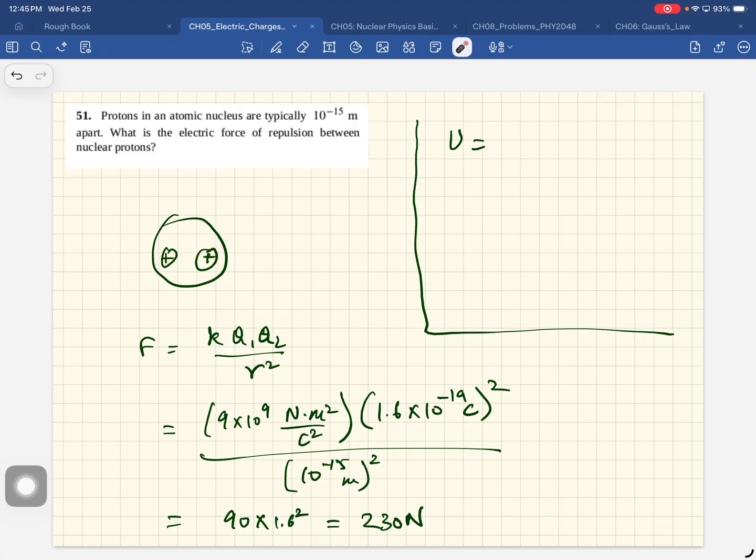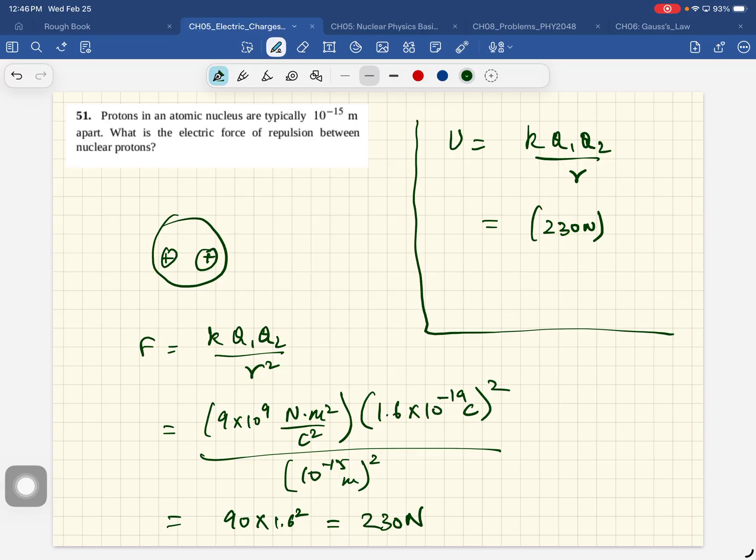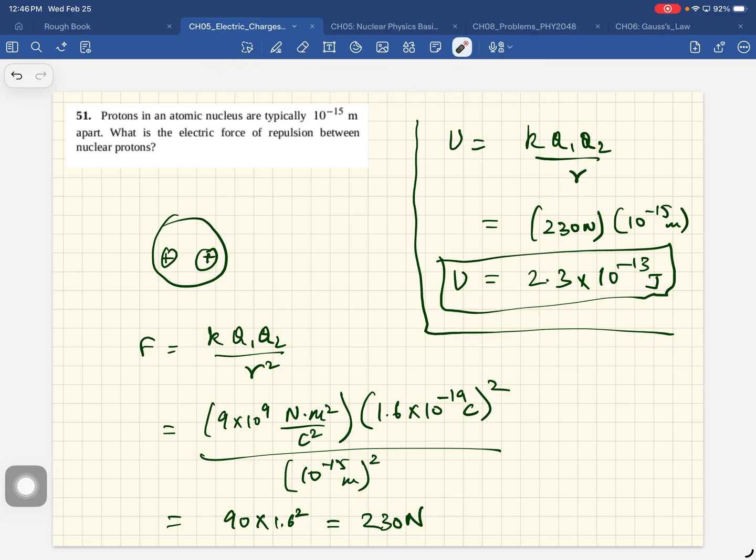So the potential energy is K Q1 Q2 divided by R. So we'll multiply this force times R. So it's equal to 230 Newton times 10 to the minus 15 meters, which is 2.3 times 10 to the minus 13 joules. So that is the potential energy between these two guys.